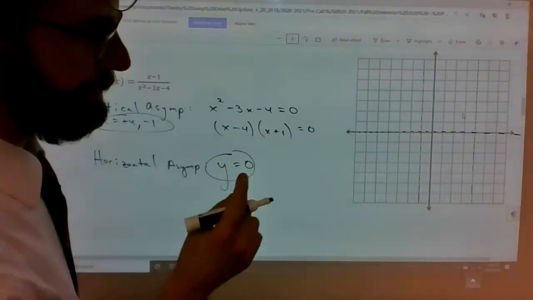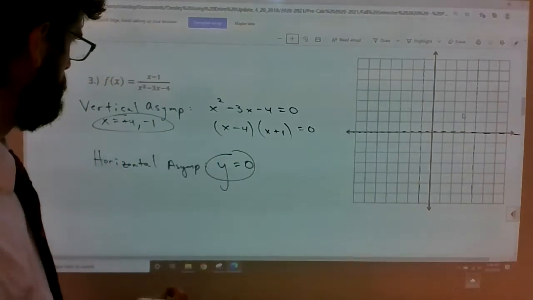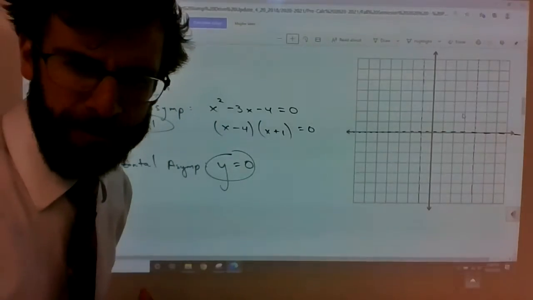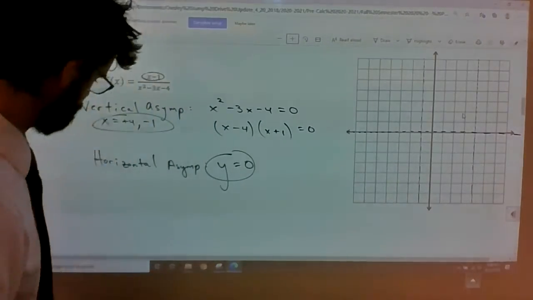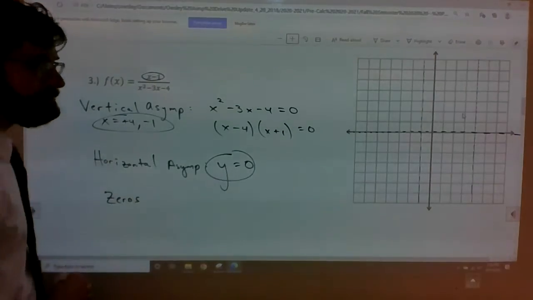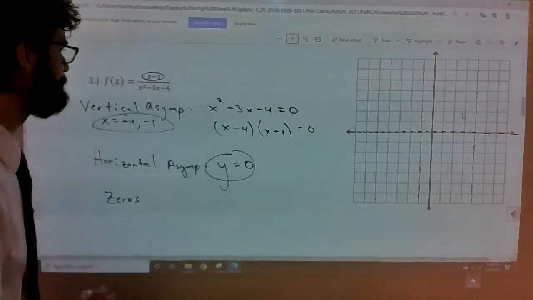Now here's the tricky part. Remember when we said the top equals 0 is a 0? It still technically is.